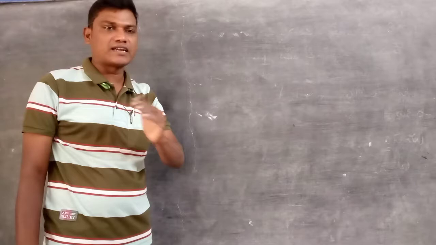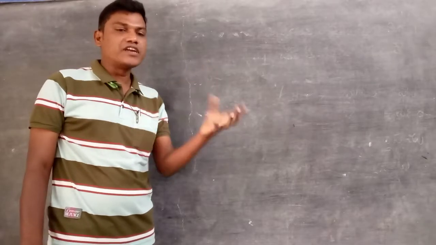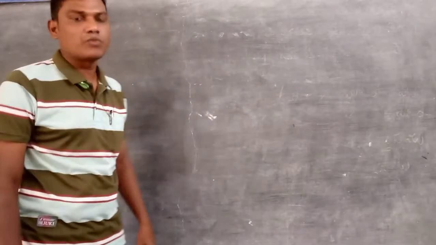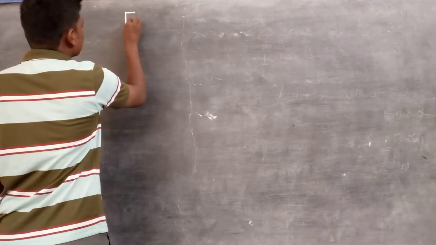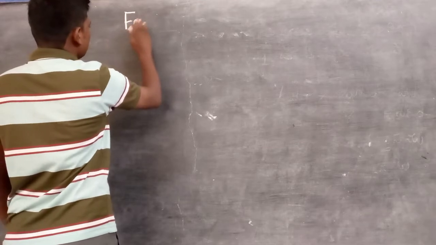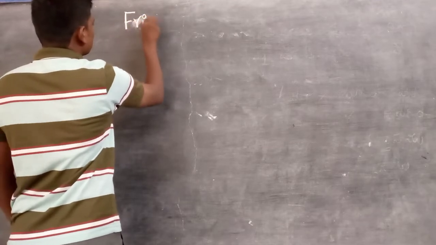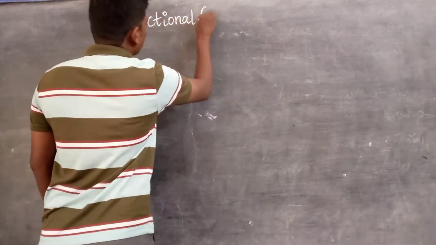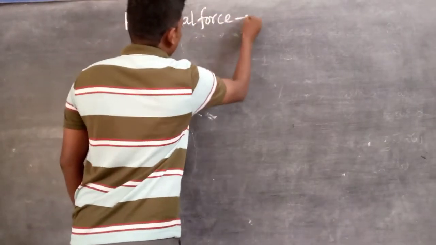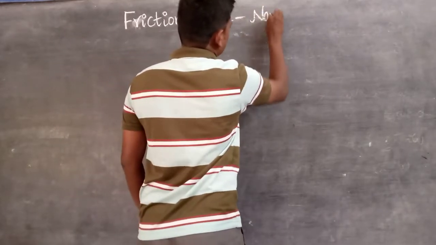That's why we can say that every surface offers its own opposing force on the motion of a body, which is nothing but frictional force. Now this time we discuss frictional force and normal force.